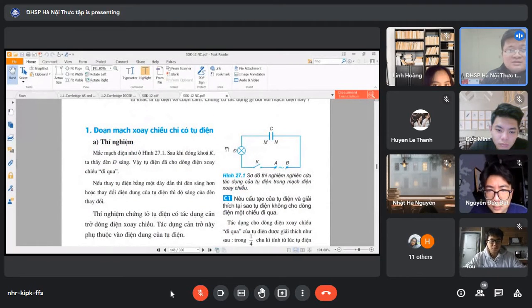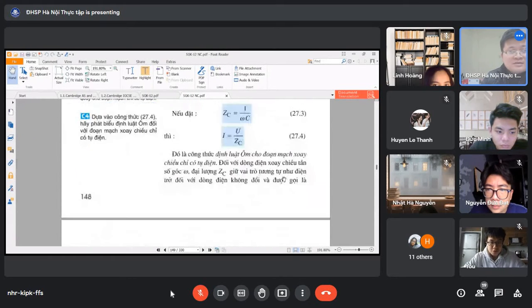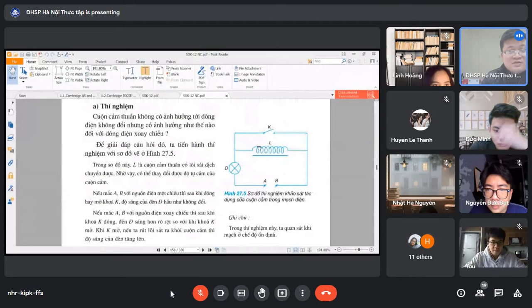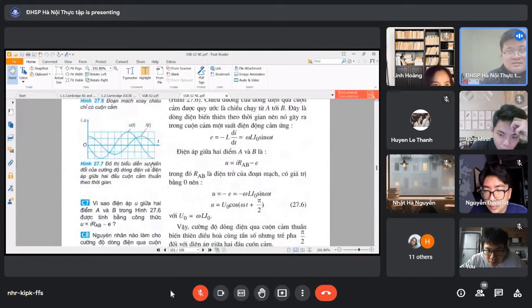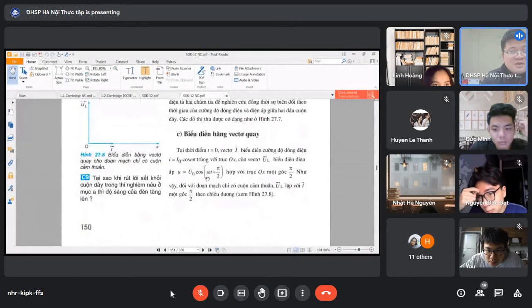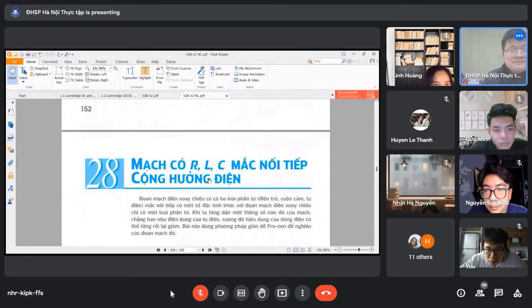We consider circuits with a certain lamp, capacitors, a solenoid and coils. This results in a lot of problem-solving exercises, and it's all about the circuit.